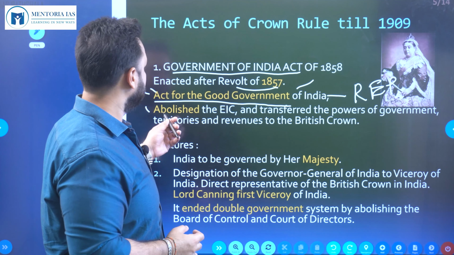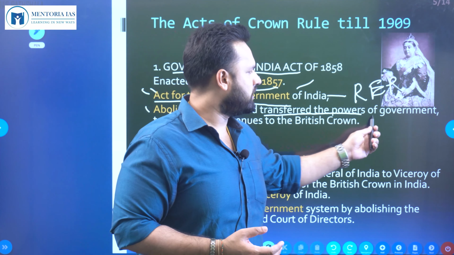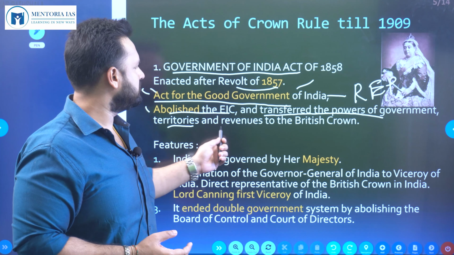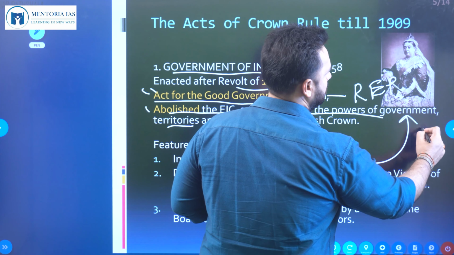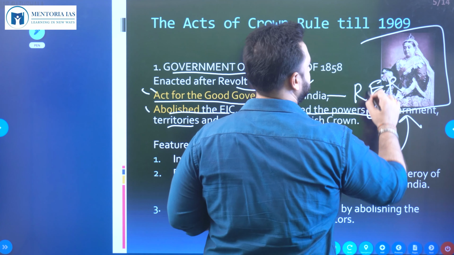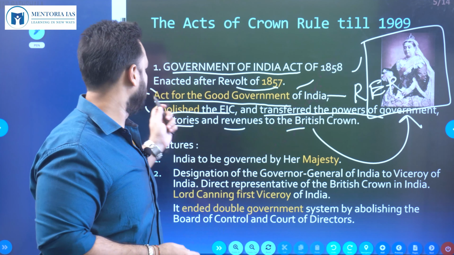The East India Company was abolished and the power, territories and revenues were transferred to the British Crown, to the Queen. Now that Queen has enacted the Act of Good Government.